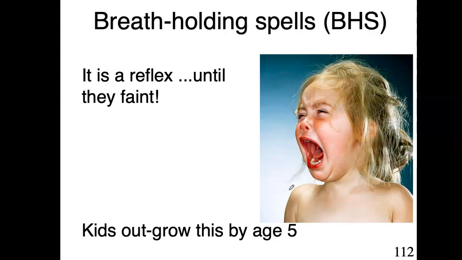They're screaming so hard that they stop breathing. And the easiest way then to stop that tantrum and to stop that breath holding spell, because they're holding their breath while they're doing that, is to faint. And if the child faints, then this anger and holding of the breath stops, and they start breathing again, and it's fine. And small children will do this.